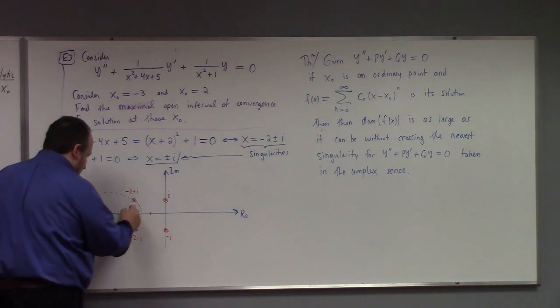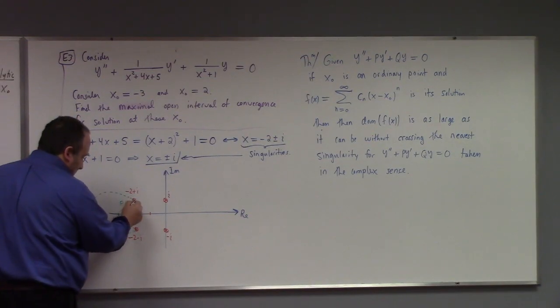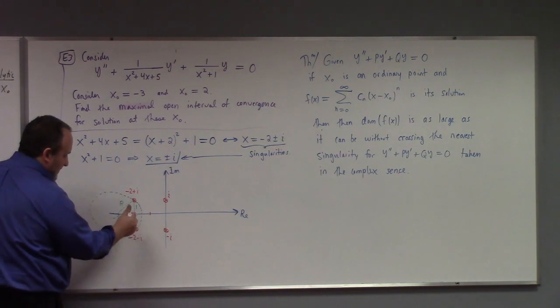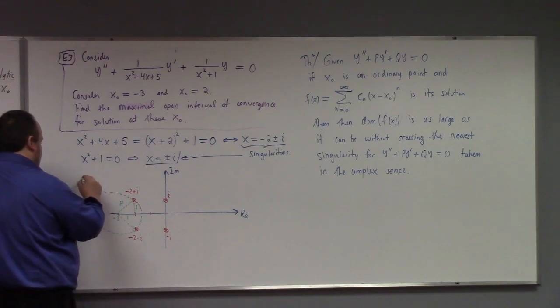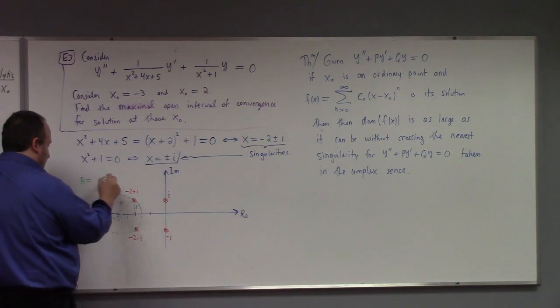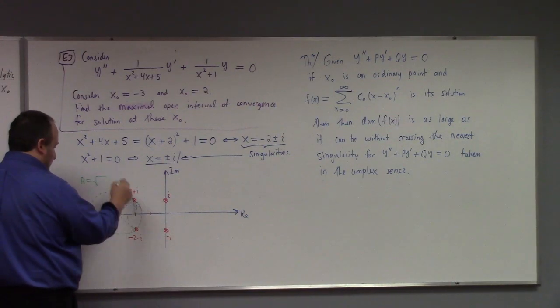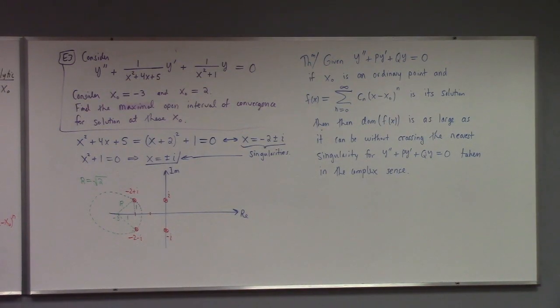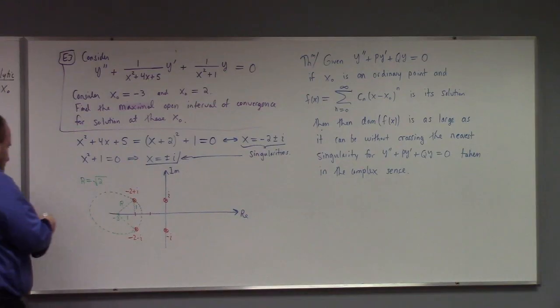And so in this case, the question is, what is that radius here? If we look at this little triangle, the height of the triangle is 1, and this distance is also 1. So the radius of convergence for our power series centered at -3 would be the square root of 2.